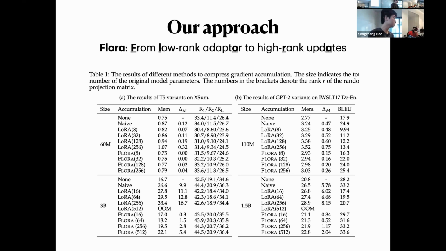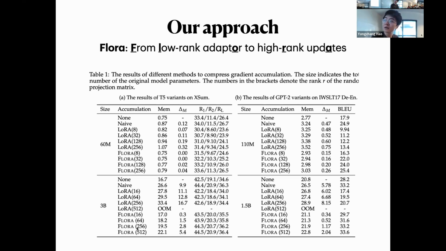And you get similar results? How good are the results, Flora compared with Adam? The final performance, yes. This is the ROUGE score. The ROUGE score basically measures the recall of summarization. For the largest model that we tried, the original gradient accumulation achieves 44.4 on ROUGE-1.